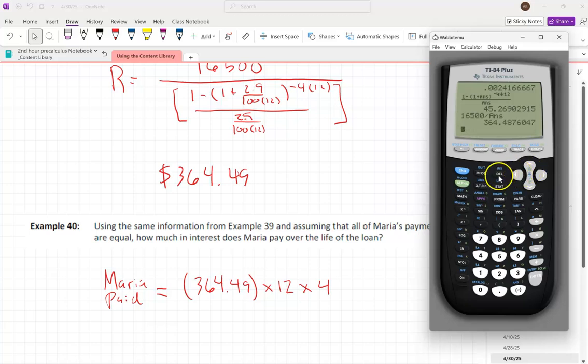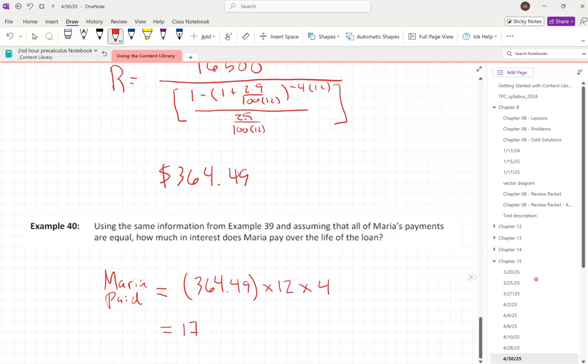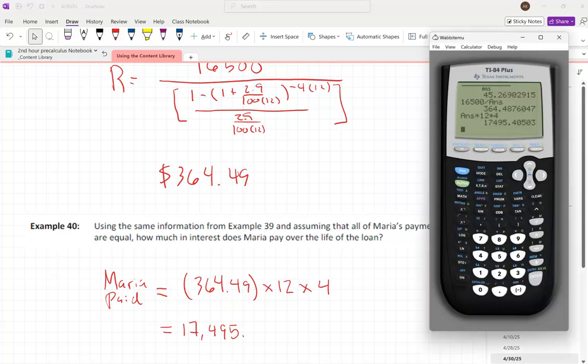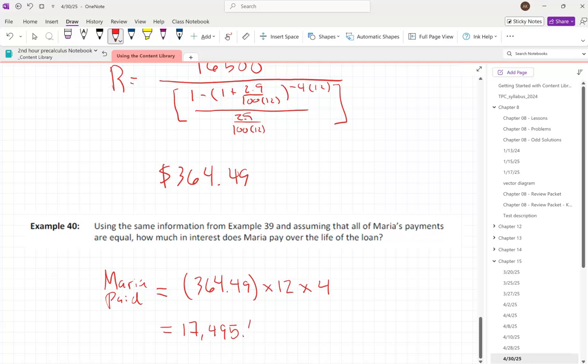I'll just use all my decimals. So she paid $17,500 or $495.41.